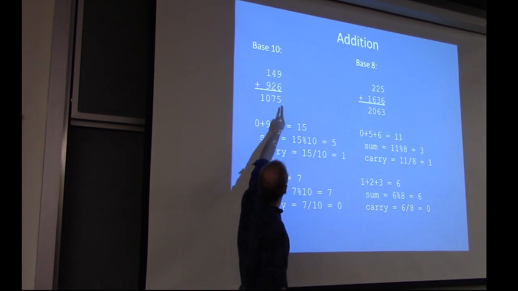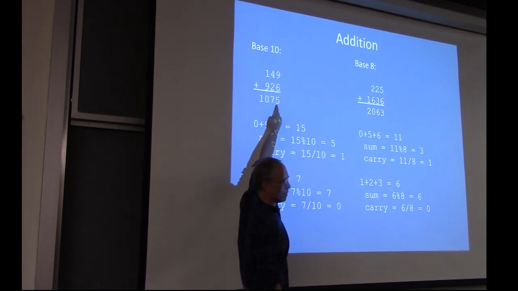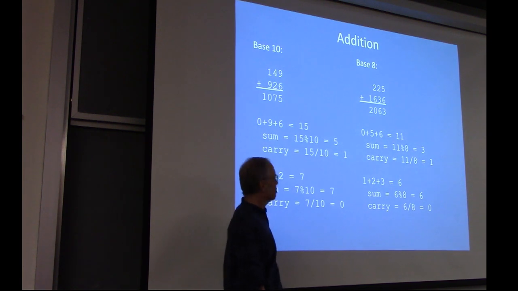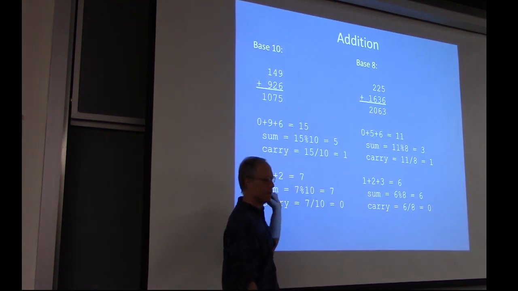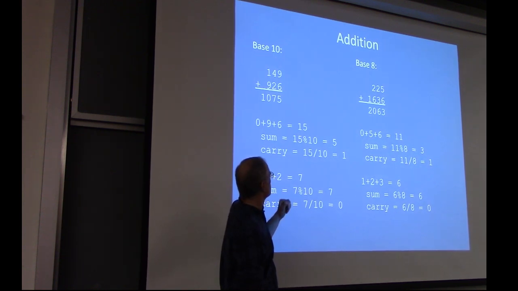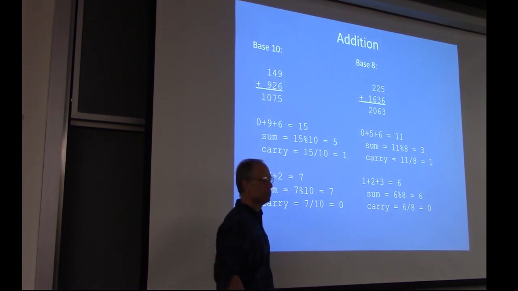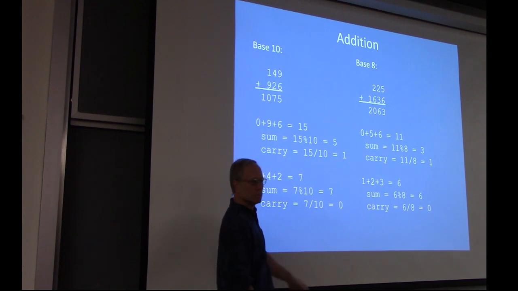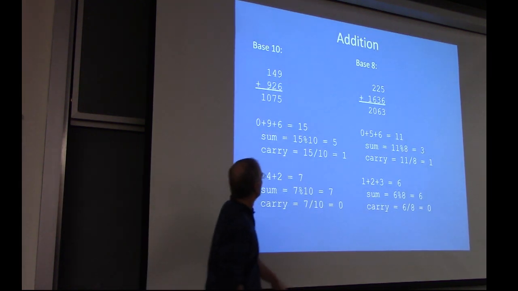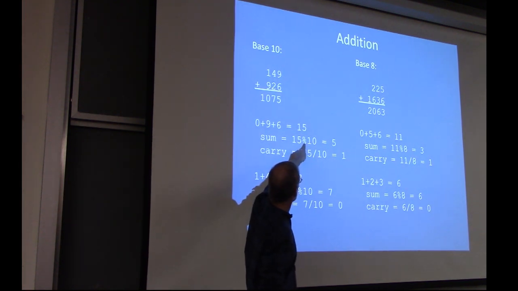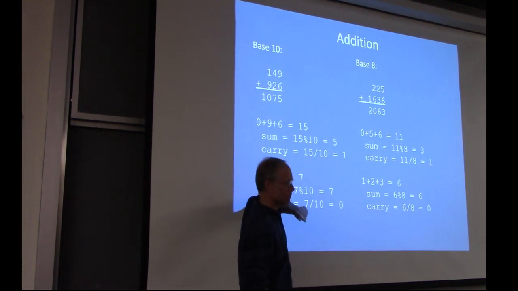Now how do we decide to write a 5 there and to carry a 1? How do we compute the 5 from the 15? It's 5 more than 10, which is the base. What's another way? The sum, 15 mod 10. Yeah, it's just the mod. So we're working in base 10.